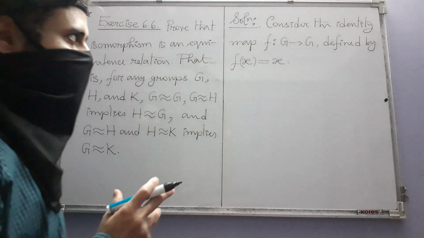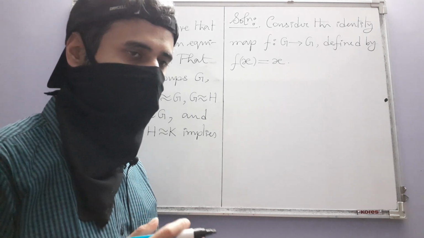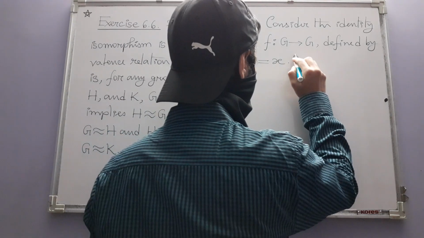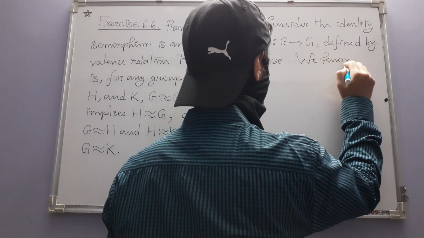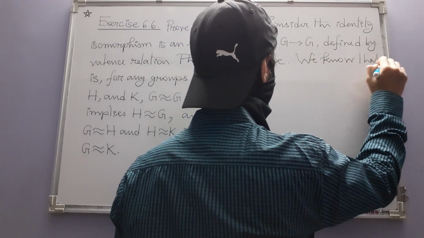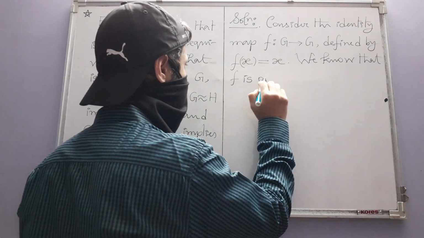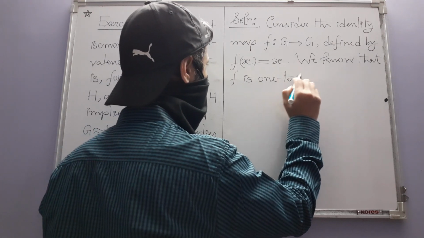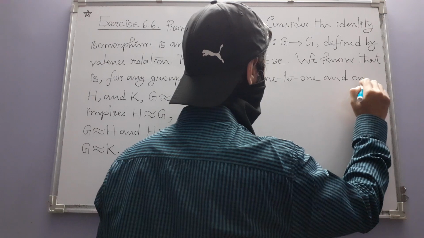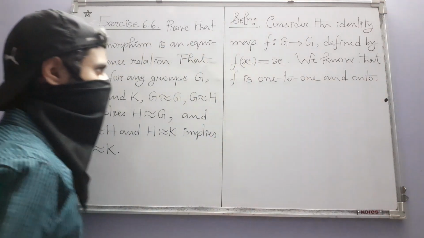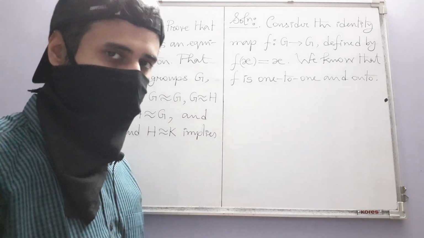Now we already know something about the identity map, that it is both one-to-one and onto. We know that F is one-to-one and onto. So we just have to verify that other condition for it to be an isomorphism.